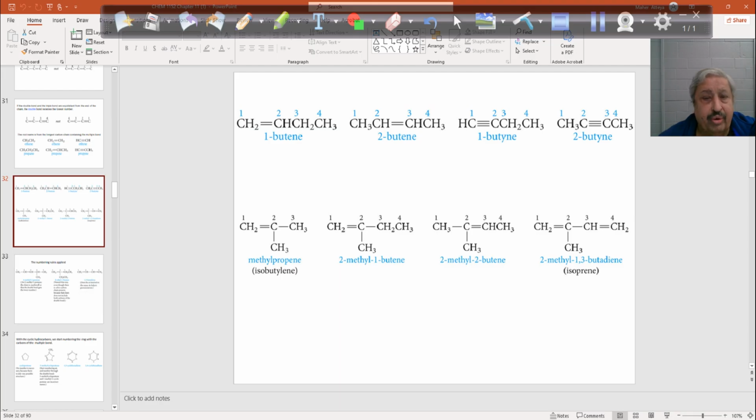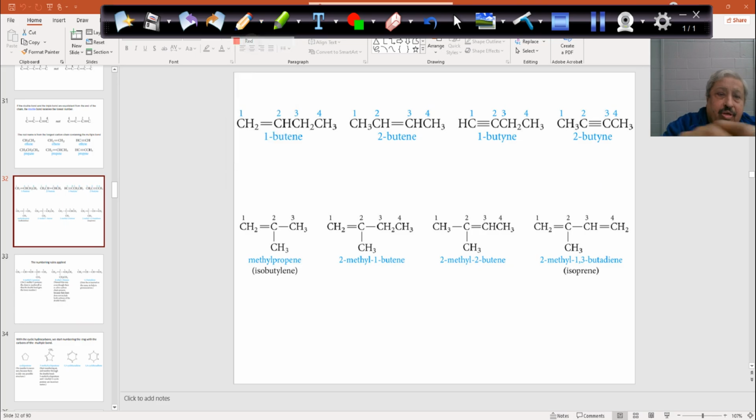So always the longest chain. That's your key here. First, you look at the longest chain. Where is the double bond? The double bond takes first priority over the triple bond. That long chain we call the backbone or skeleton of the molecule.